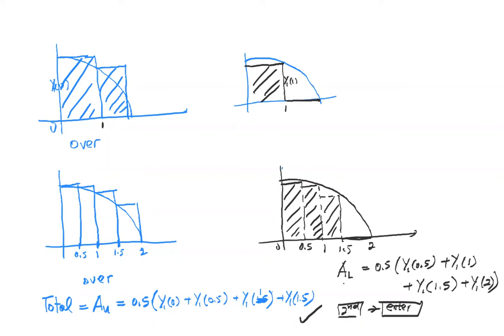The only difference is between this one and this one, am I right? 0.5 is there, 1 is there, 1.5 is there. The only thing is I go to 0 here and change to 2. Then I press enter, so I don't have to retype all over again.